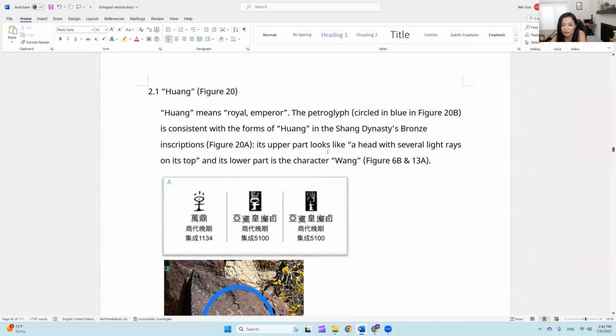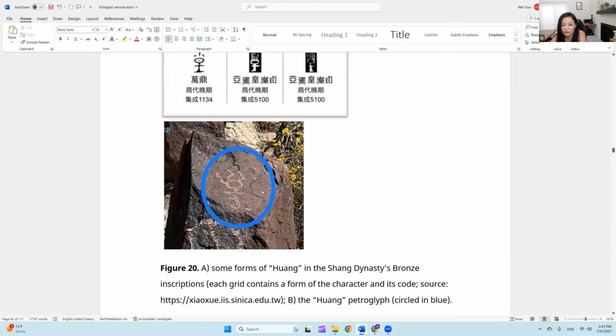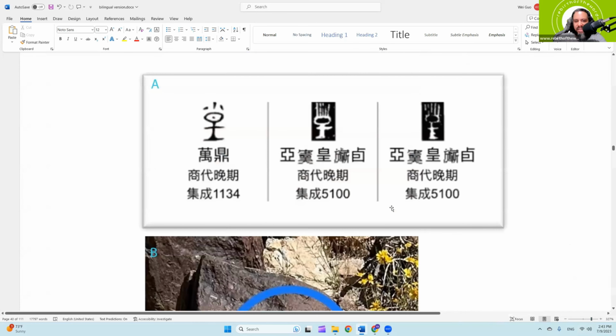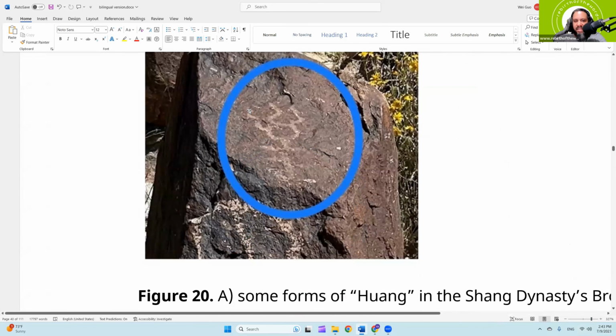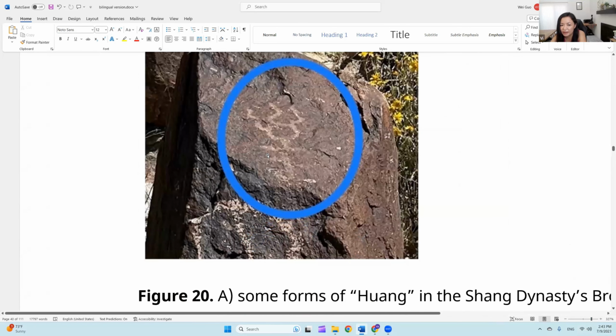Its upper part looks like a head with several light rays on top, and its lower part is the character Wang. Let's look at the petroglyph first. The upper part, you see here the three light rays, right? There are a couple more, but all are heads with light rays. Here a head with light. Then the lower part is the character Wang.